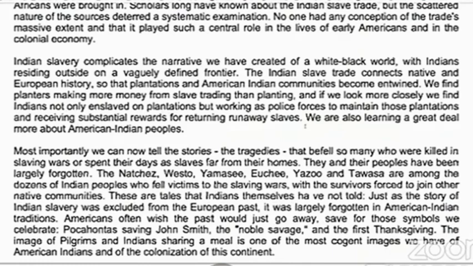We find planters making more money from slave trading than planting. Again, we're talking about slave trading Indians, your ancestors. And if we look more closely, we find Indians not only enslaved on plantations, but working as police forces to maintain those plantations and receiving substantial rewards for returning runaway slaves.